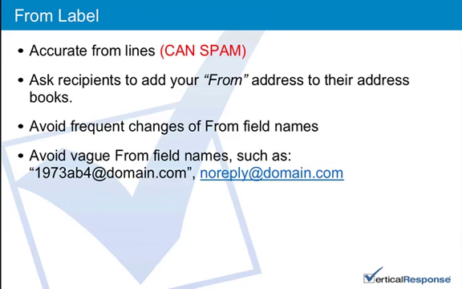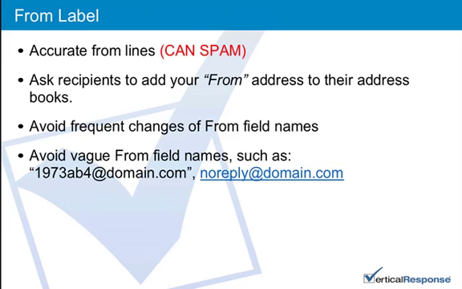You also want to try to get your recipients to add your from address into the address book in the email program that they're using. This is called whitelisting. Generally speaking, if you have an address in an address book, most email programs will recognize it as a good sender, and they'll put it in the inbox.